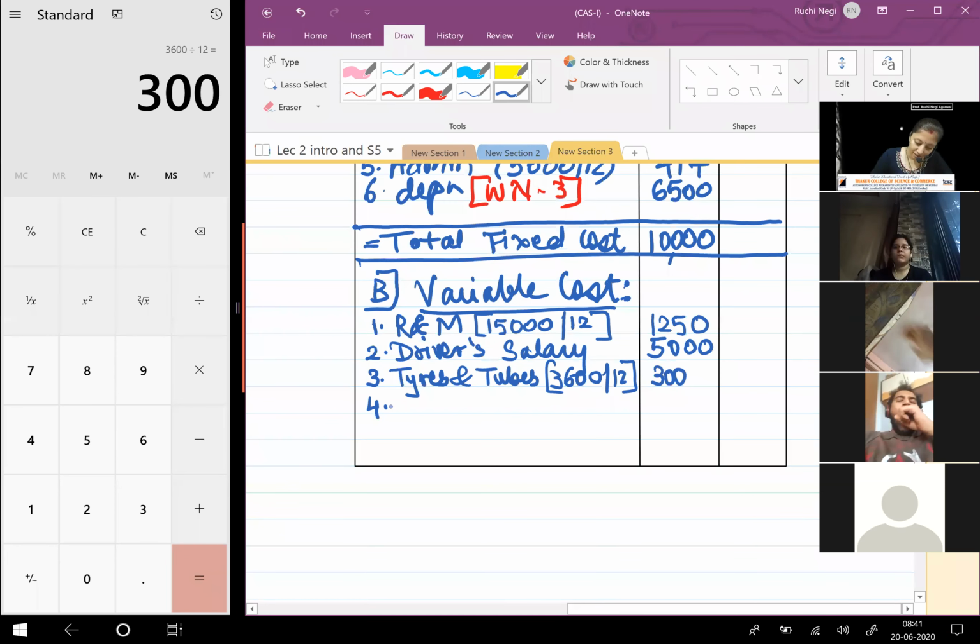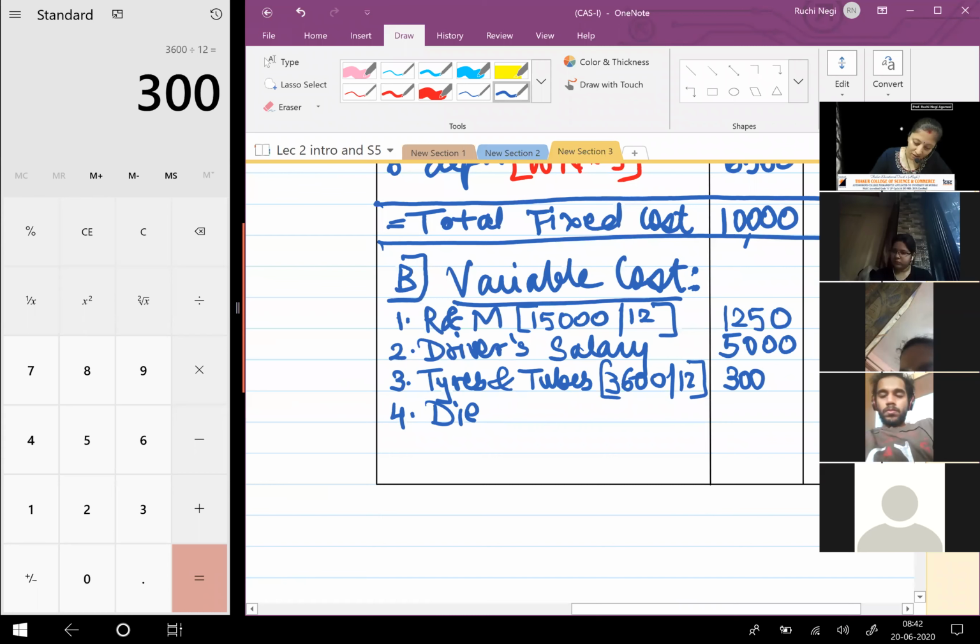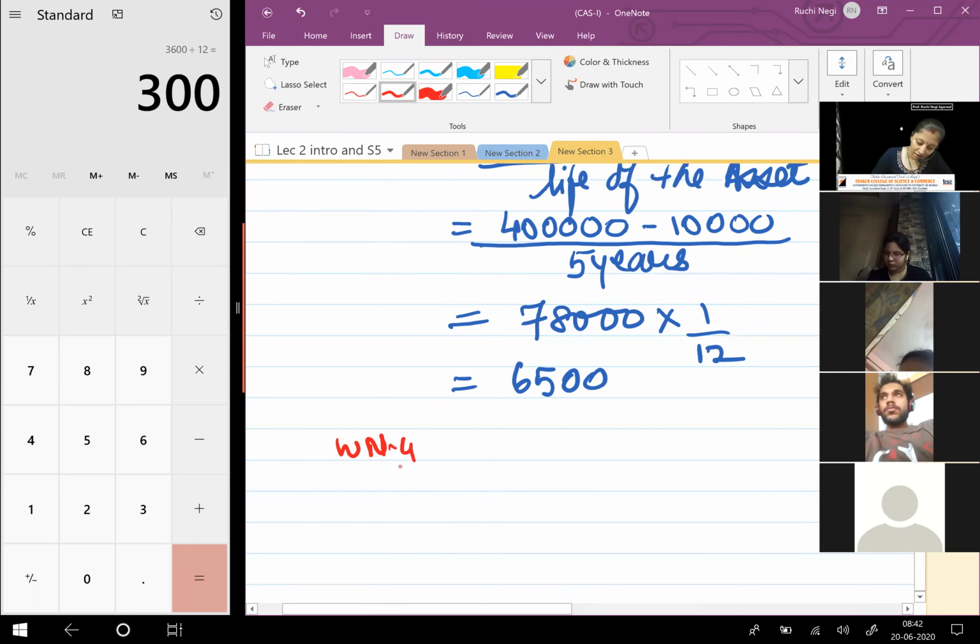Diesel. How much? Rupees 5 per kilometer. So this I'll have to calculate. Right here, diesel. So working note number 4. Let us do the working note for diesel. 1 kilometer, 5 rupees. And how many running kilometers? 9,000 running kilometers.